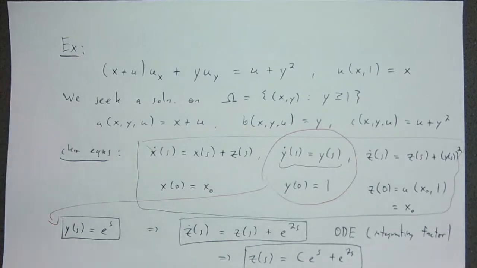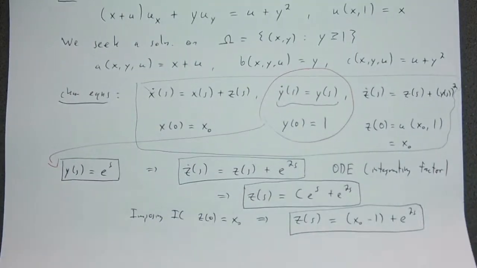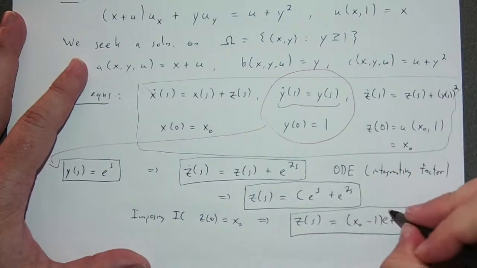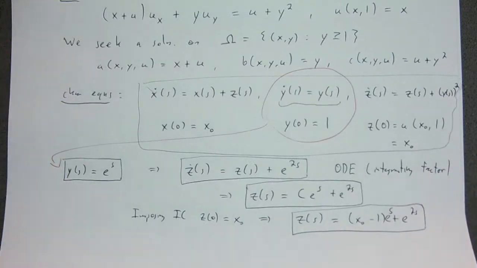Okay, there we go. Oh, I was off the page there. There we go. So imposing initial condition z of 0 is equal to x naught gives me, I can determine what this big C is, and it's x naught minus 1. Oh, wait a minute. E to the s. There we go. Now we have a hope of this being correct.